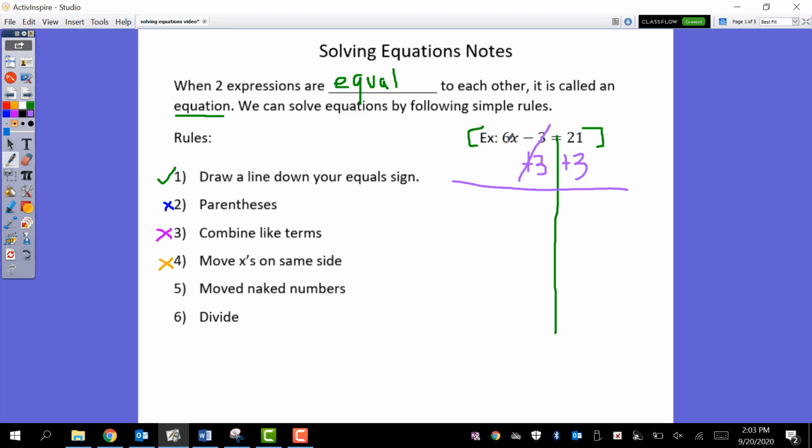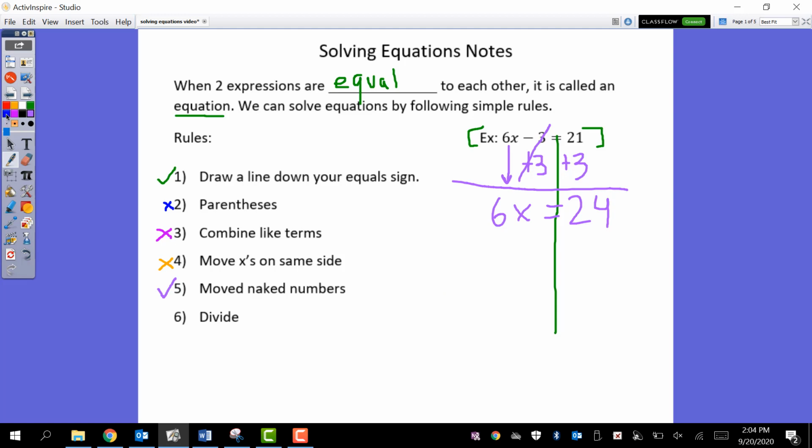The 6x was not part of it. I'm just going to bring that down. That is still on this side of the equal sign. Nothing has changed about that. So I have 6x on this side. On the other side, I have 21 plus 3. Now you would type that in your Desmos calculator, and when you type 21 plus 3, you get 24. So yay, we did that step. Check.